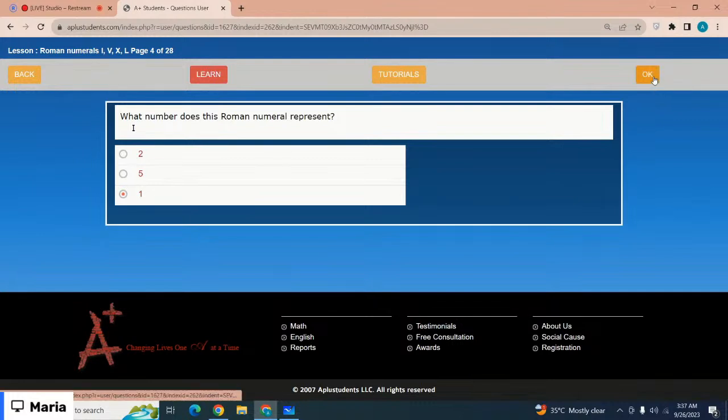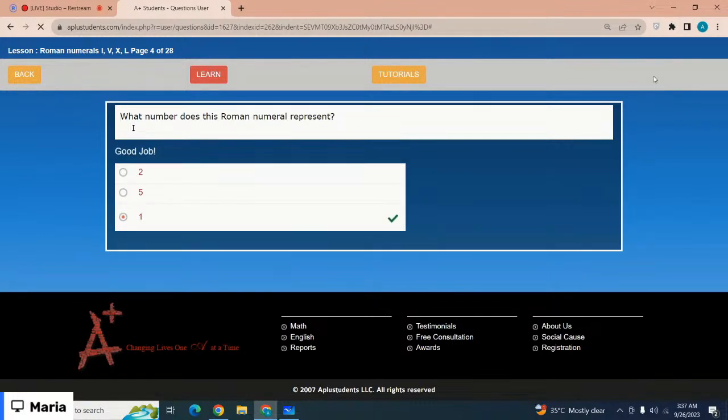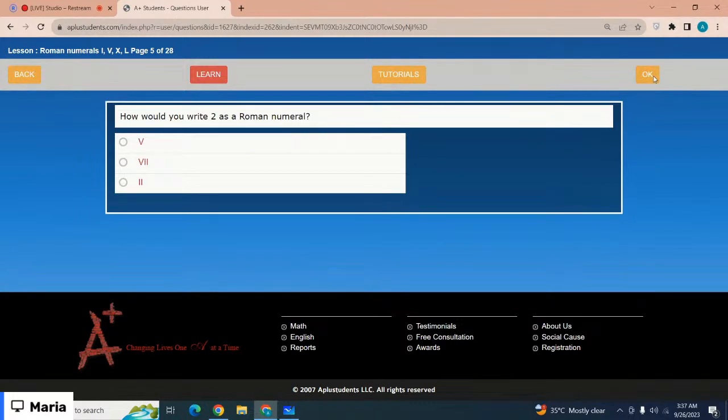Okay, how do you write 2 as a Roman numeral? Which is the correct option? Yes, 2 is the last one.